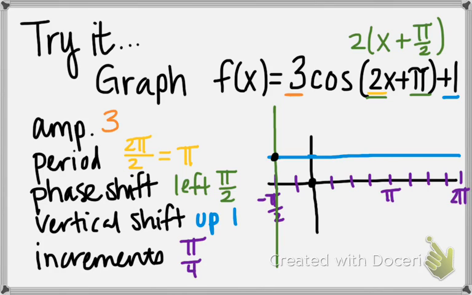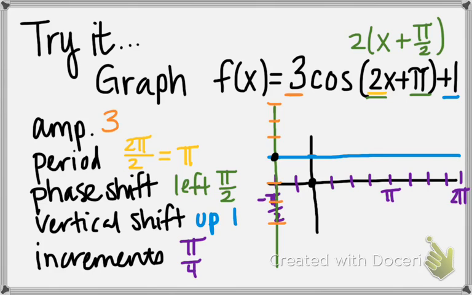Now the amplitude is going to be 3. So I'm going to go 3 above this new origin, 1, 2, 3, and 3 below, 1, 2, 3. And I didn't have a vertical flip, so I did not flip over this new x-axis, the blue line.